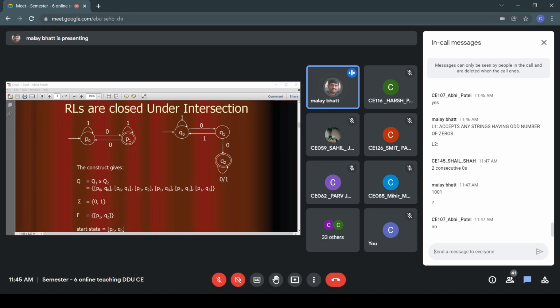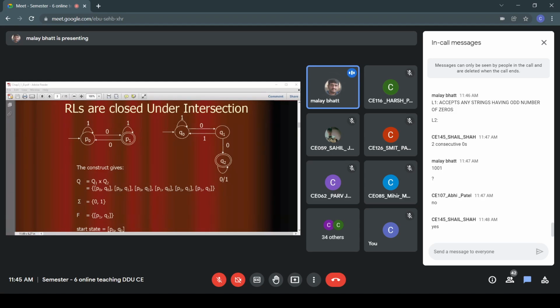So you can see in this diagram that 0, 0, and after 0, 0, if anything is there, it will accept it. Okay. So basically we can say if there is a substring 0, 0, it is accepted by the given language.